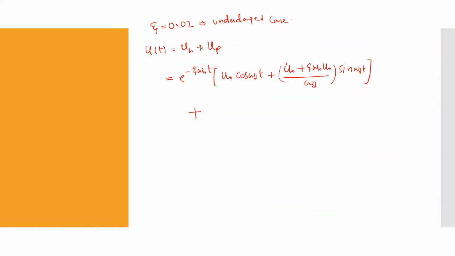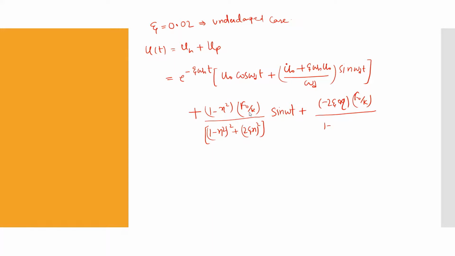So we can also write the particular solution here: 1 minus eta square, f naught by k, upon 1 minus eta square whole square plus 2 xi eta whole square, into sine of omega t, plus minus 2 xi eta into f naught by k, upon 1 minus eta square whole square plus 2 xi eta whole square, into cos of omega t.